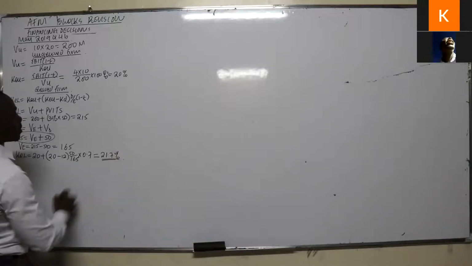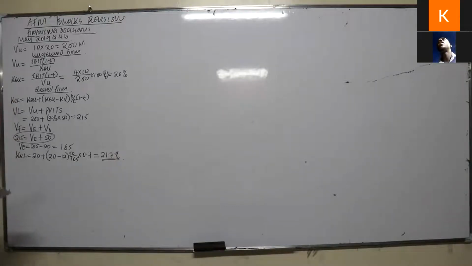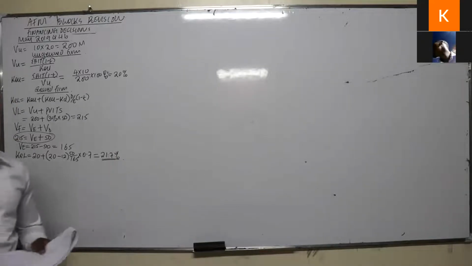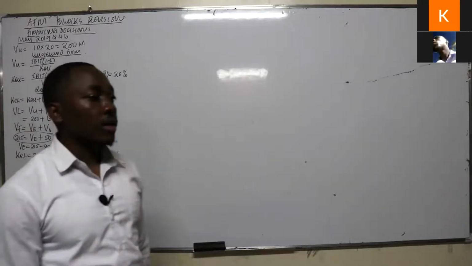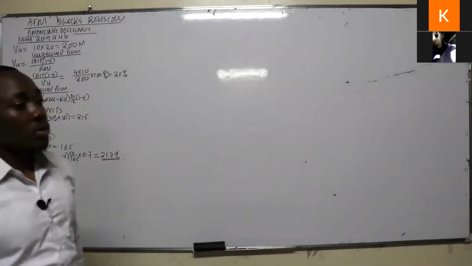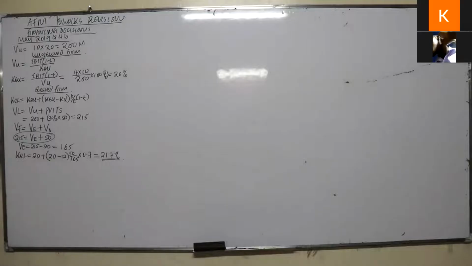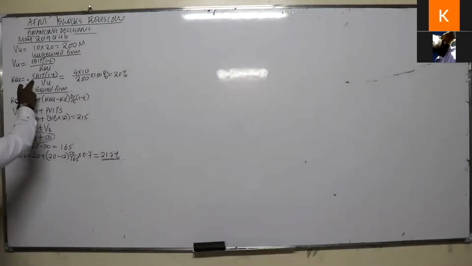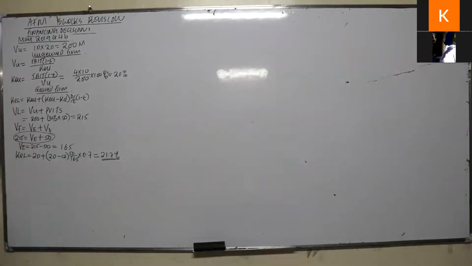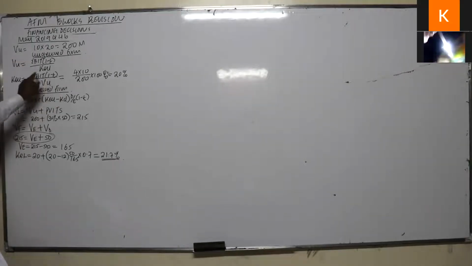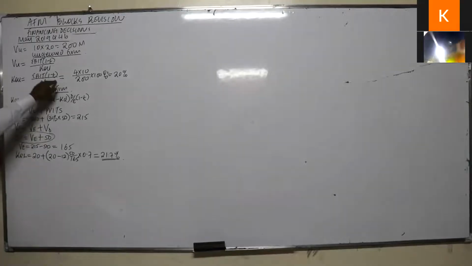20.7%. Yes. Cost of it here, this is after tax. You see, we say this, you take EBIT times 1 minus T. If you take the earnings and tax, this was EBIT, right?